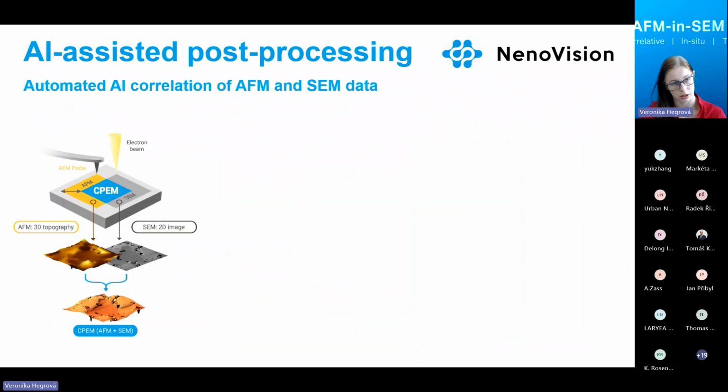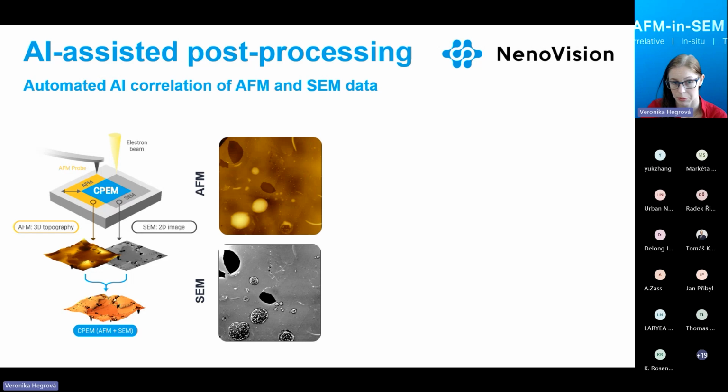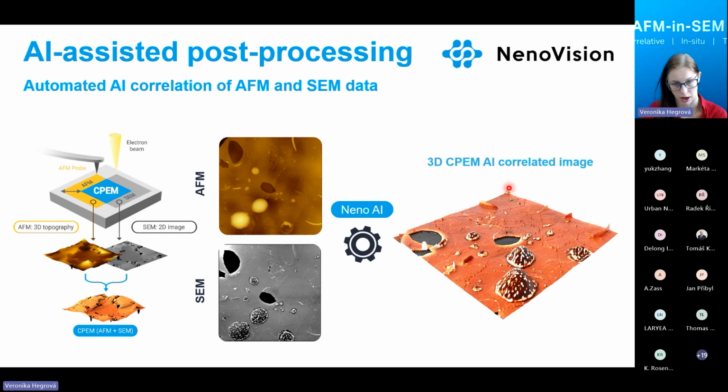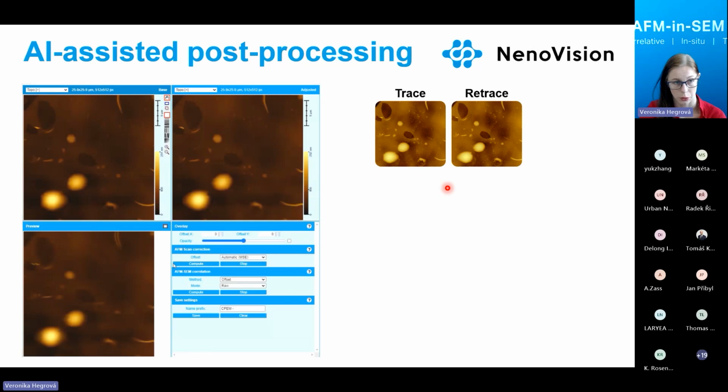And as we have artifact correction, another correction is for the correlation of AFM and SEM data. If we have the topography and secondary electrons image here, the automated function finds the offset, correlates it directly, and places one channel onto the other. It's quite easy, as you can have a look.